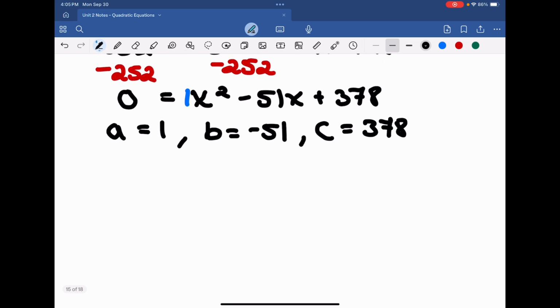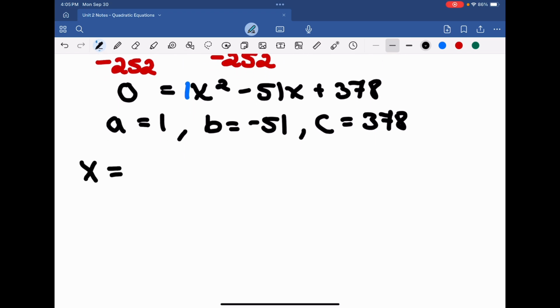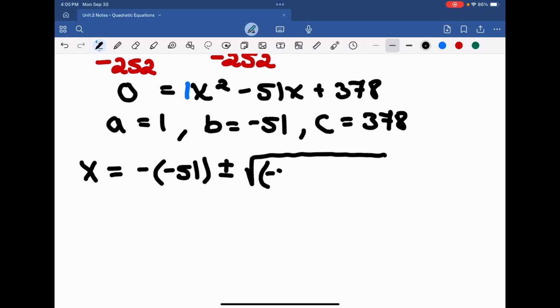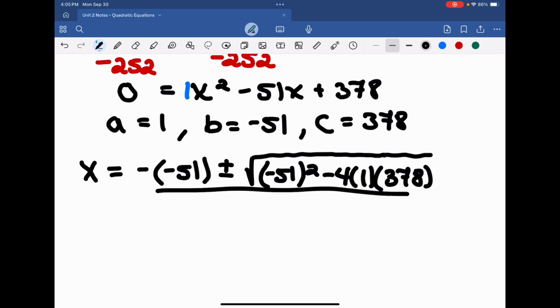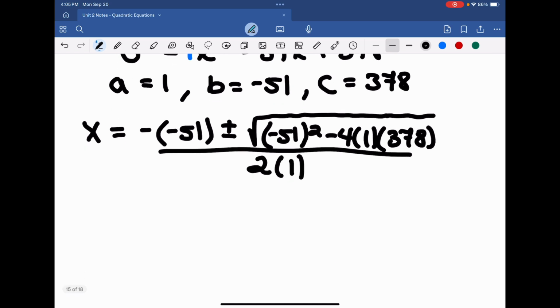Awesome. Okay, from here, we're going to plug this into our quadratic formula. x is equal to the negative of negative 51, plus or minus the square root of the b value, which is negative 51 squared, minus 4 times a, which is 1, times c, which is 378, all divided by 2 times a, which in this case is 1.